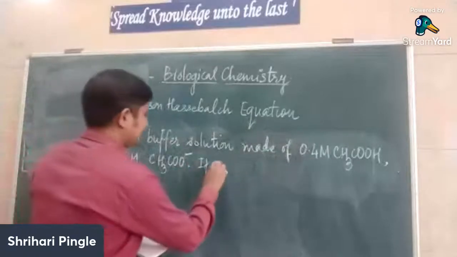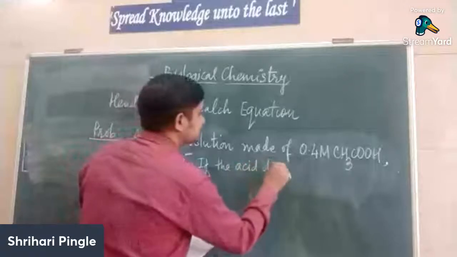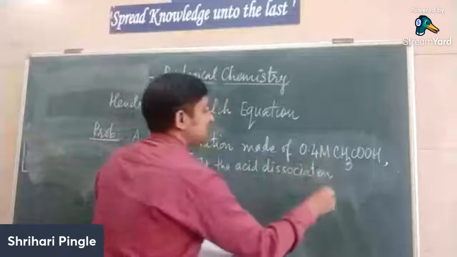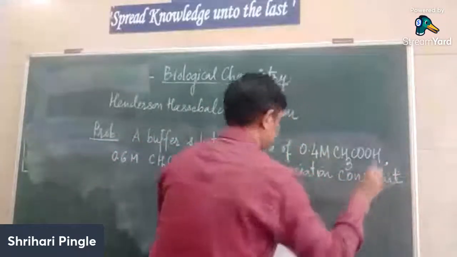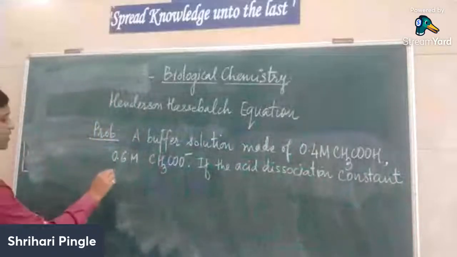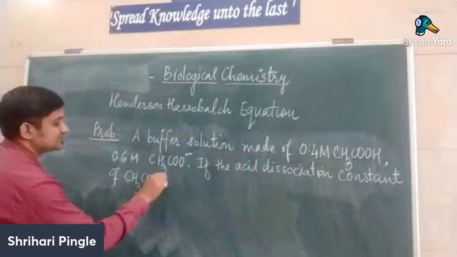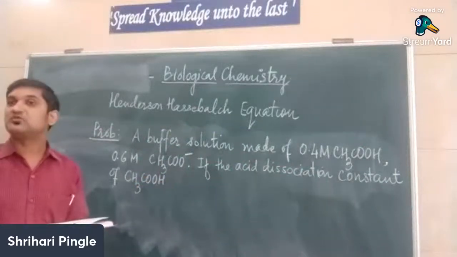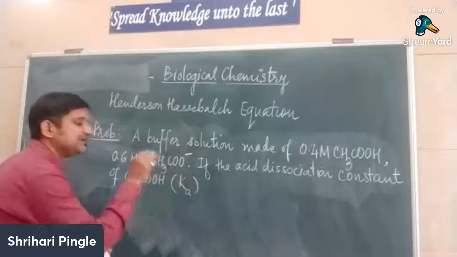I give you the third value. If the acid dissociation constant, Ka value, correct? If the acid dissociation constant of acetic acid. So in case you are not sure what this is, I will write in the bracket Ka value.